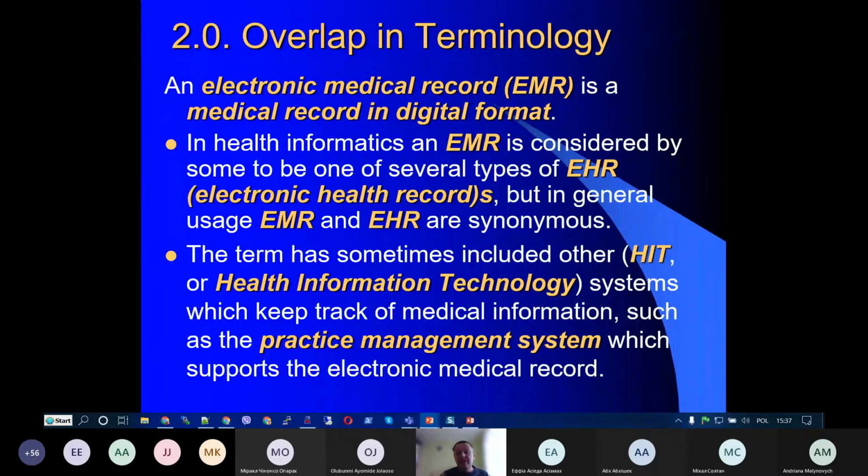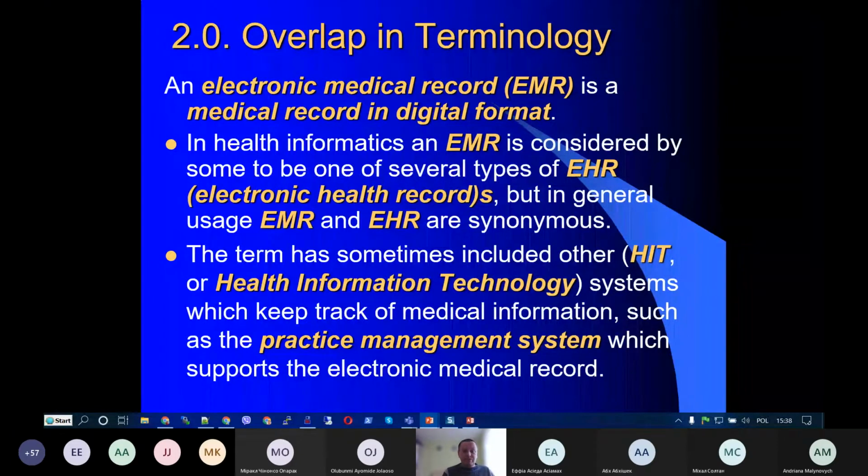In health informatics, several types of EHR are considered, but in general usage EMR and EHR are synonymous. So it will not be a critical mistake when you use EHR instead of EMR, but it's important to understand and keep in mind the difference I spoke about already. Sometimes the term even includes other health information technology systems which keep track of medical information, such as the practice management system which supports electronic medical records.